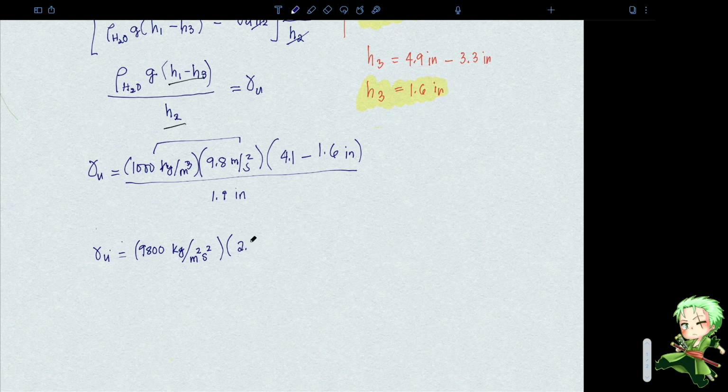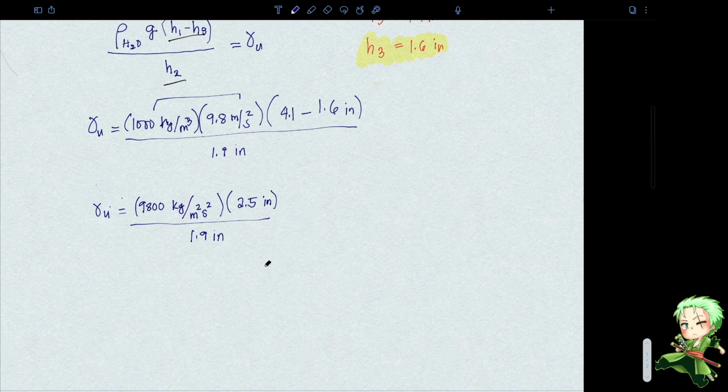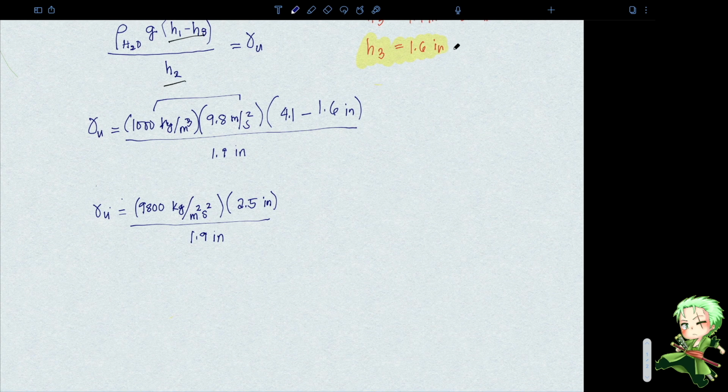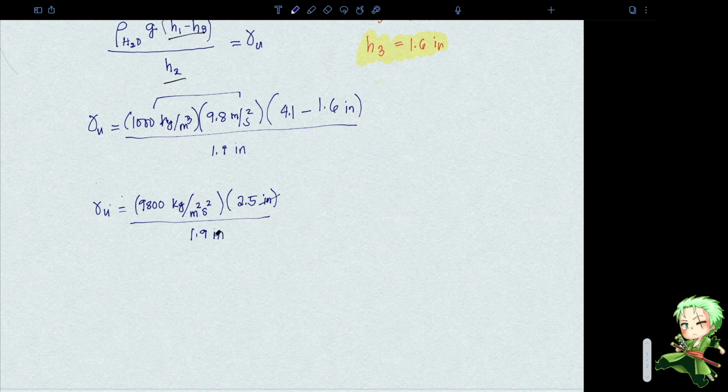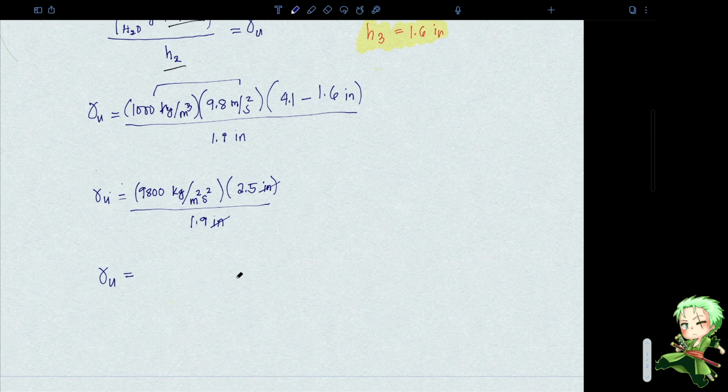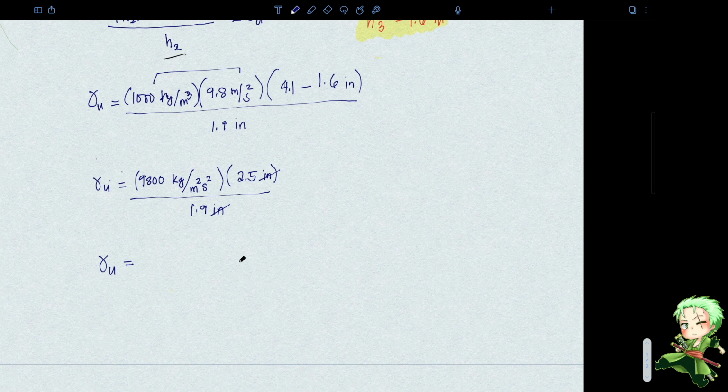So you have 2.5 inches, and then you divide everything by 1.9 inches. So this is what I was talking about earlier. You don't have to convert inches to meters, because inches will just cancel out. So you have to be clever in terms of doing conversions, whether conversion is necessary or not.